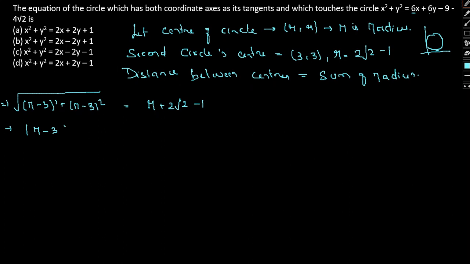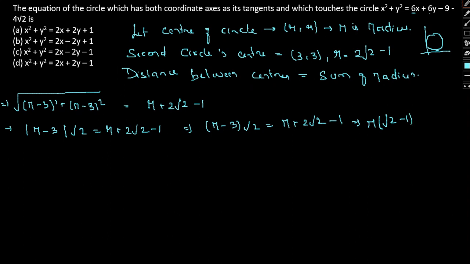So root 2 times r minus 3 equals r plus 2 root 2 minus 1, which can be further written as r into root 2 minus 1 equal to 5 root 2 minus 1. So therefore r can be given as 5 root 2 minus 1 divided by root 2 minus 1.